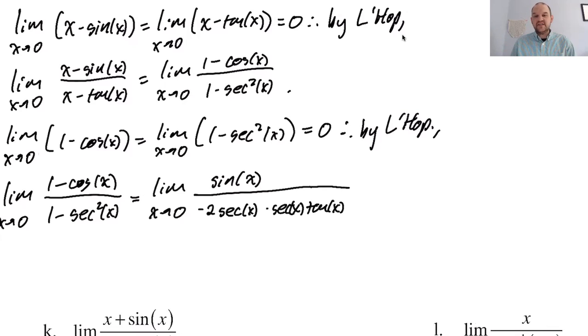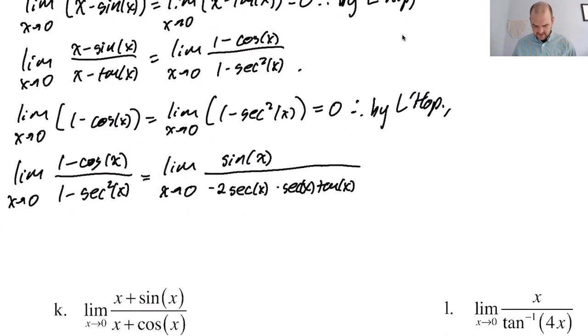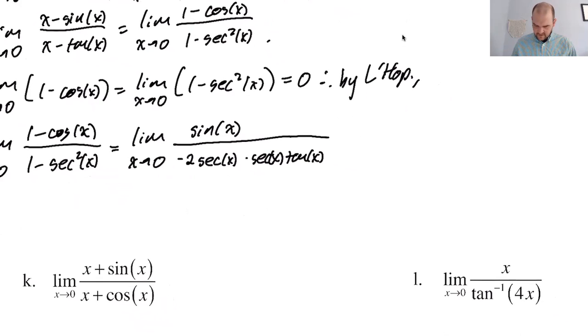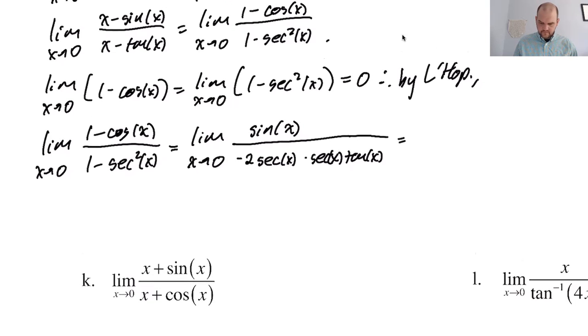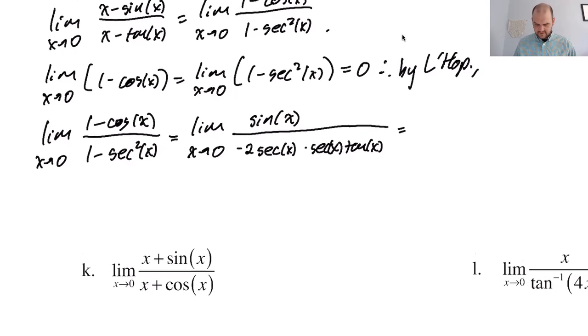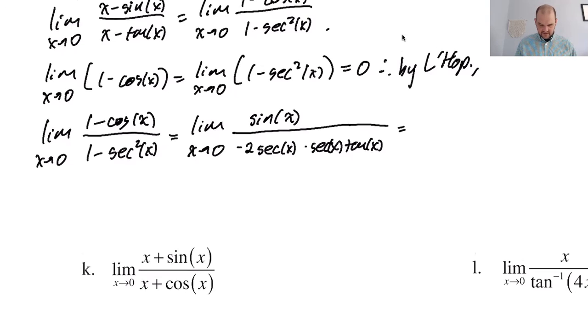I mean, this is actually 0 over 0 if I try to directly substitute, but I think a better thing to do is to use some of the properties of trig functions, some trig identity stuff. So secant is actually 1 over cosine. So I'm going to do a little identity here.